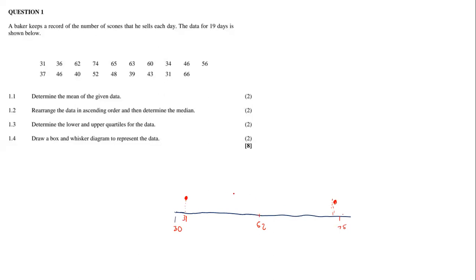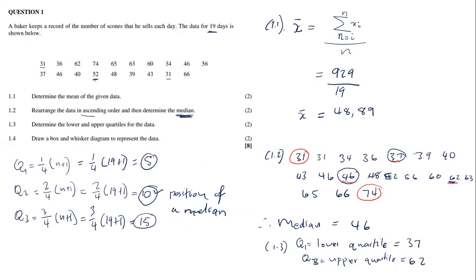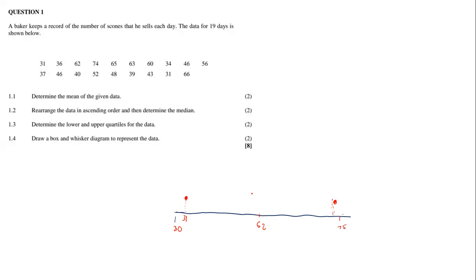Now let's go to the middle points then. Now we have 37. So 37, remember here we have 31, right? So I can say 31, 32, 33, 34, 35, 36, 37. I will say 37 is somewhere else over here.